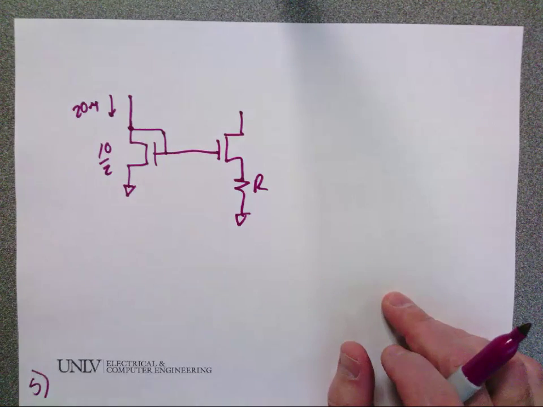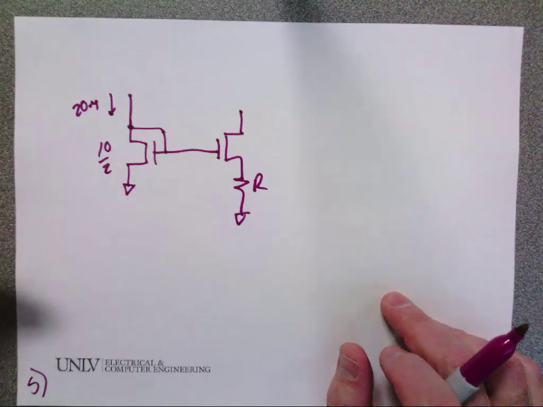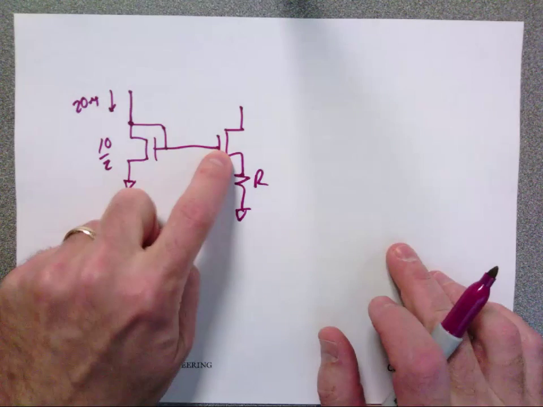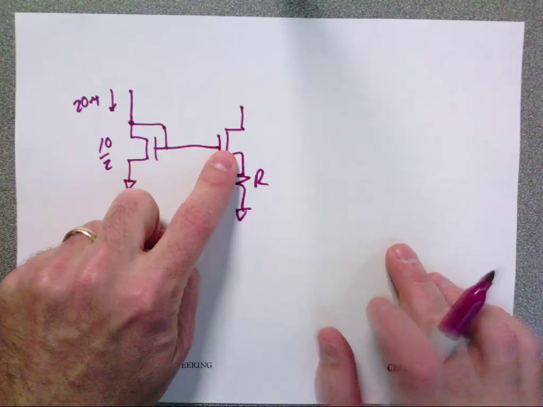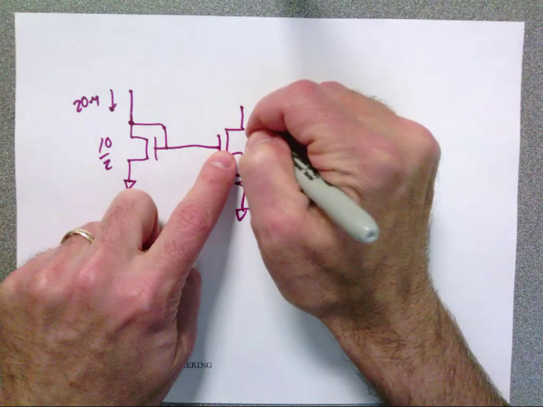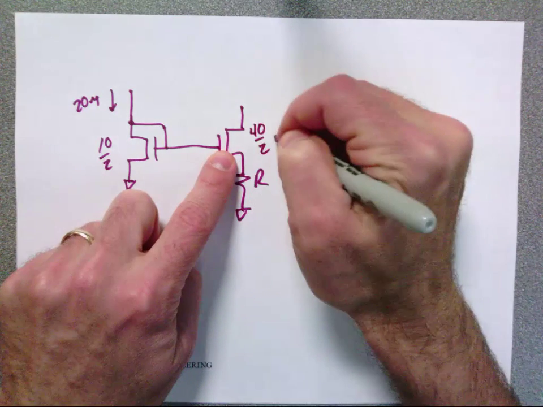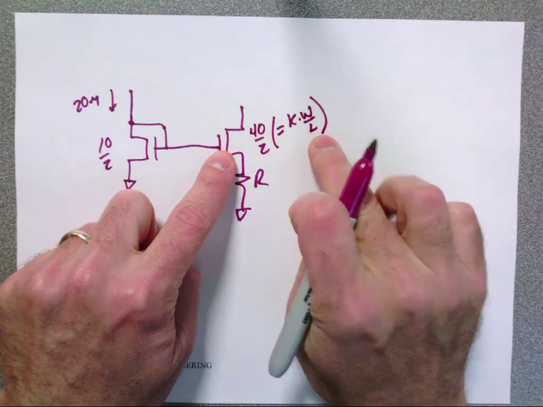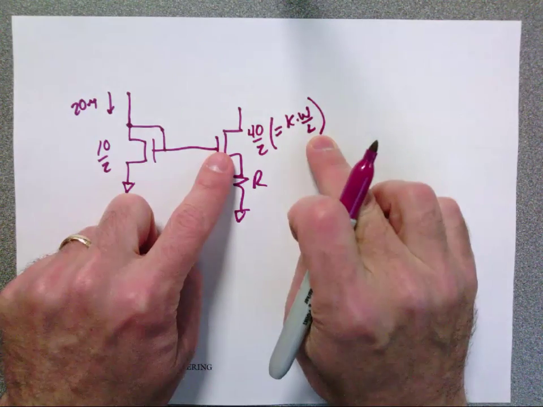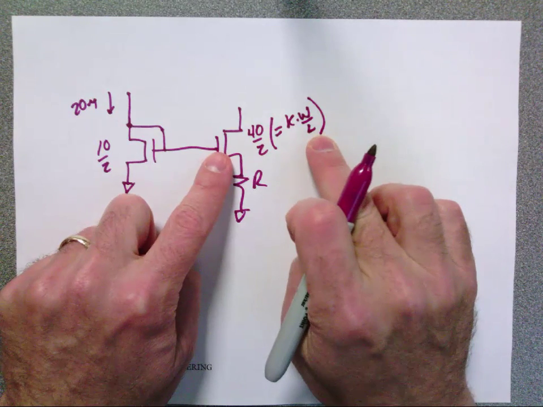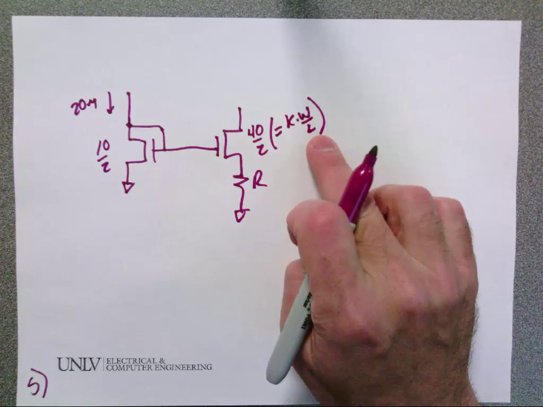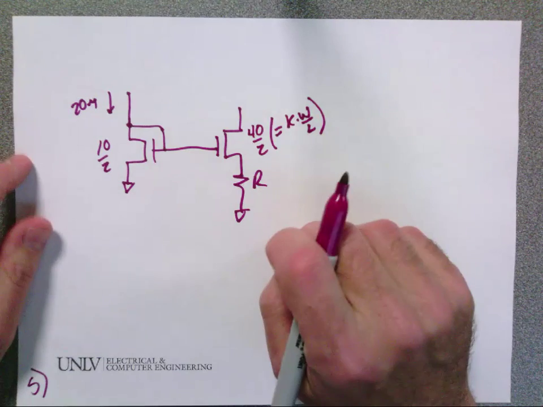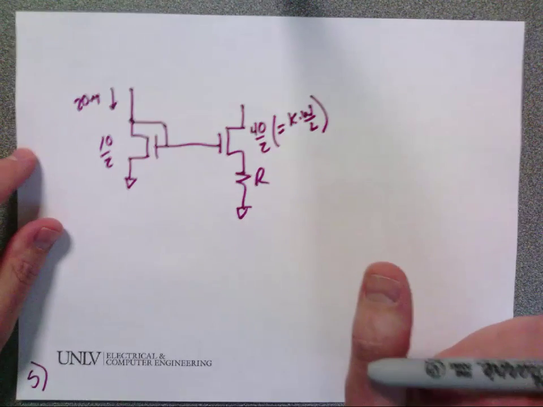So to get around that problem, I'm going to multiply up the beta of this device by increasing the width. I'm going to make it, say, 40 by 2. Or in other words, I'm going to make it K times W over L, where this W over L is the W over L that I've selected in my analog design based upon speed and gain and all that stuff from chapter 9. Everybody follow that?